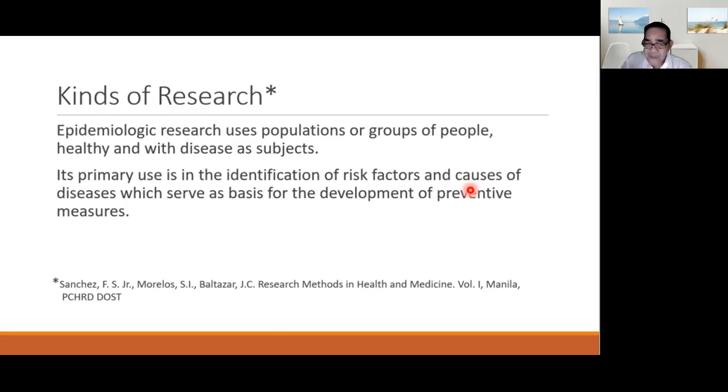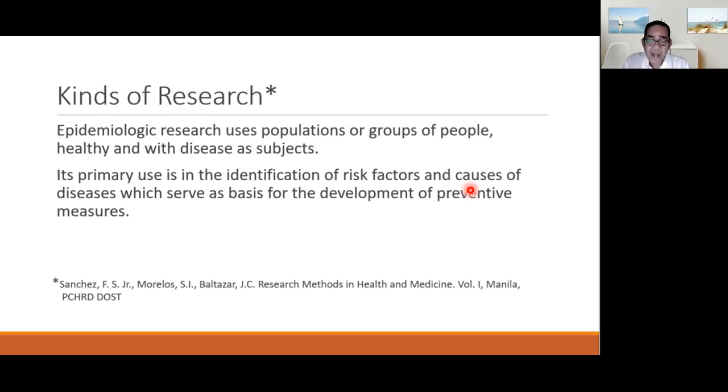A lot of advances that we didn't have during the olden times. So much advances in technology, in almost everything, and yet we still do not know much about many diseases in the field of medicine.